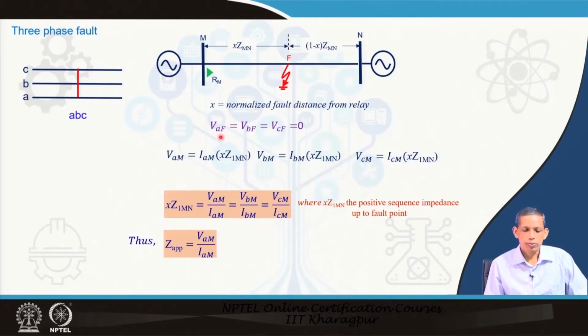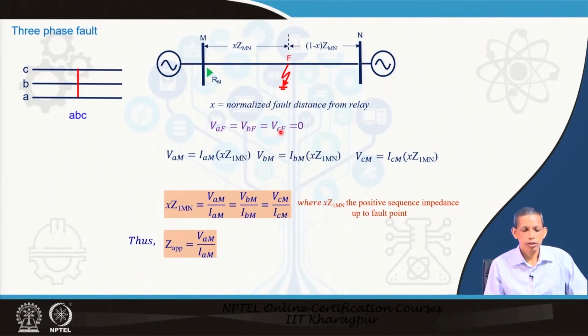Now, for a 3-phase fault, at the fault point F the 3-phase voltages become 0. Therefore, VAF equals VBF equals VCF equals 0.